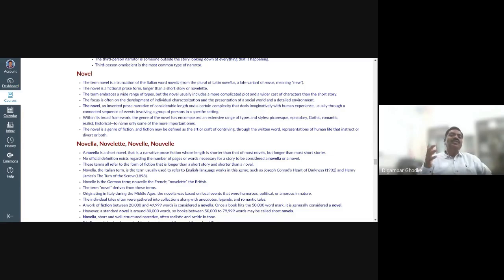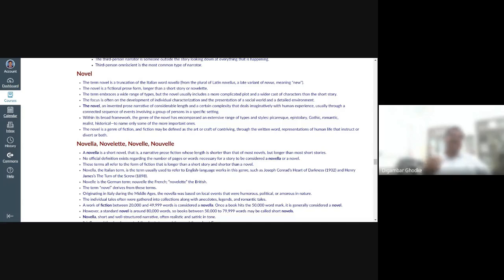But the novel usually includes a more complicated plot and a wider cast of characters than the short story. And the focus is often on the development of individual characterization, and the presentation of a social world and a detailed environment.